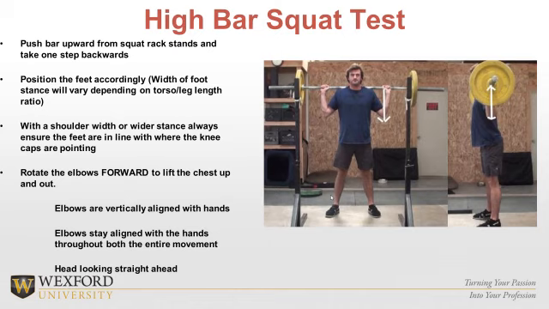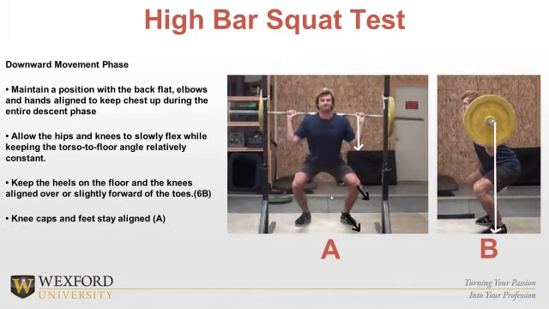Head looking straight. You're going to look straight ahead. Now, you're going to keep the head straight ahead, but also remember, I know a lot of you like Starting Strength types of movements, especially when you're doing squats, because Rippetoe has you looking down. But in this particular position, the more your trunk goes upright, you can look straight ahead.